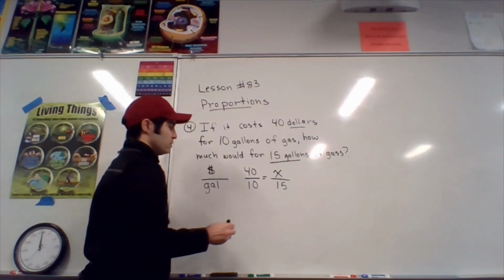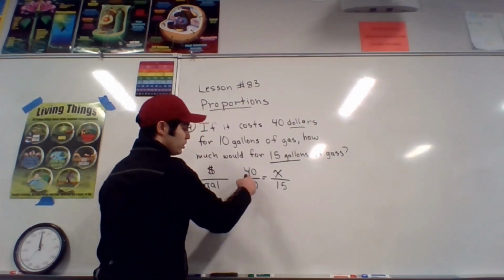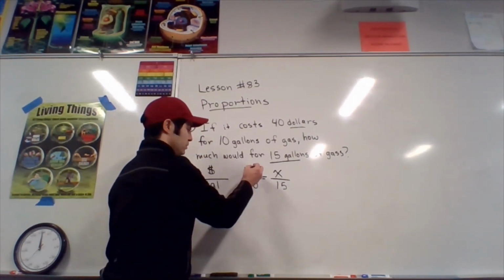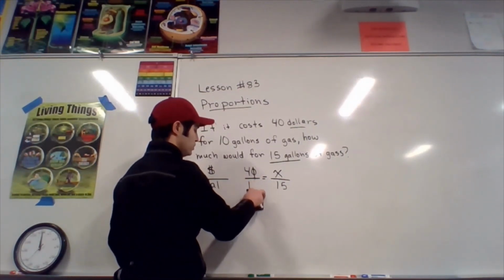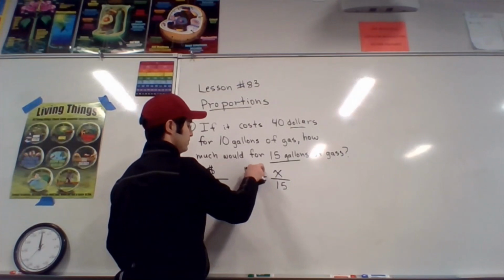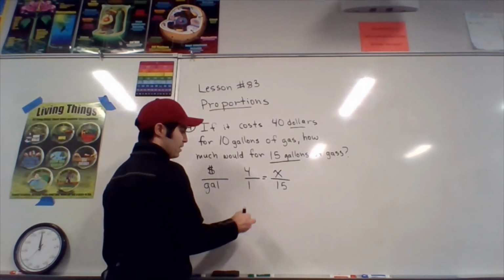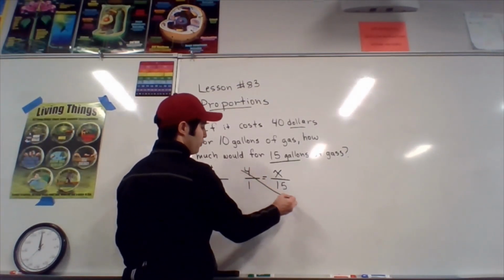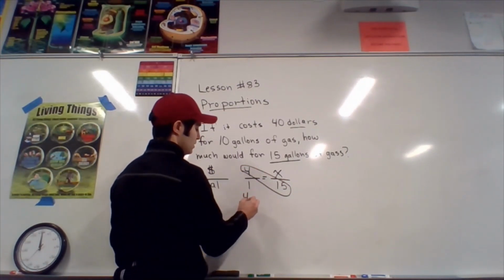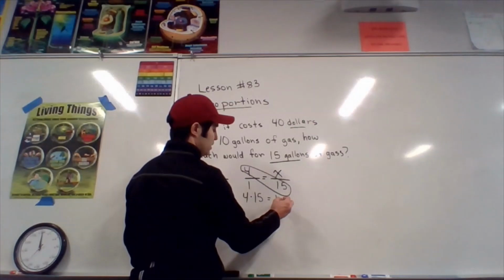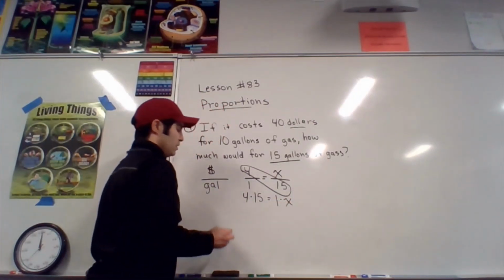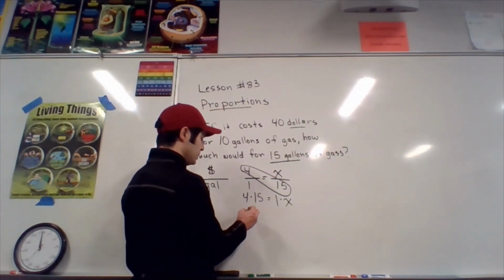Cross products are equal. Here's a little trick. You can reduce this ratio. The zeros cancel out. So let's just erase the zeros. Now I'm going to do cross products. 4 times 15, and that's going to be equal to 1 times X. 4 times 15 is going to be 60.